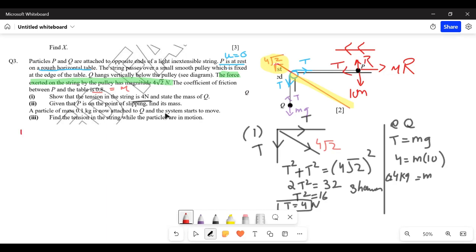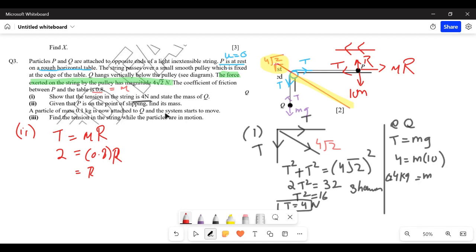For P, it's still in equilibrium. So tension is equal to mu R. Tension is 4. Mu is 0.8, so we can find R. R is going to be 4 upon 0.8.